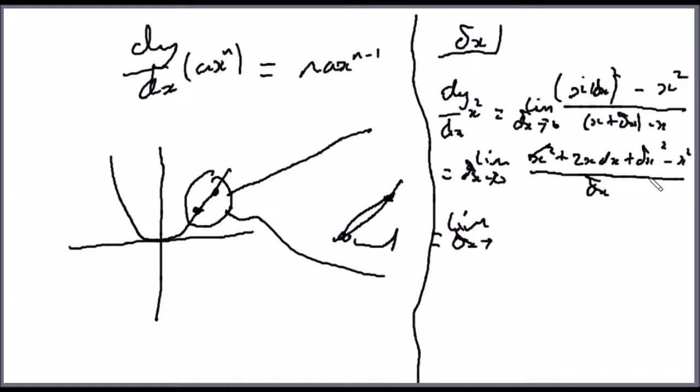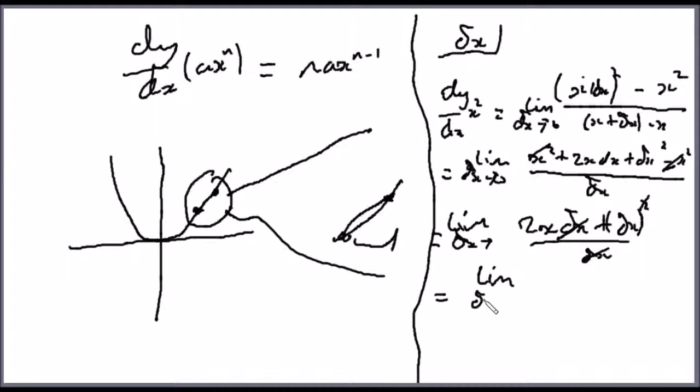These x squareds cancel out as well, so it's just 2x delta x plus delta x squared over delta x. So you can cancel these. Equals the limit as delta x approaches 0 of 2x plus delta x. And as delta x approaches 0, the gradient just equals 2x.